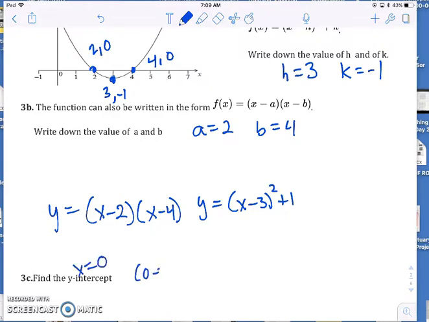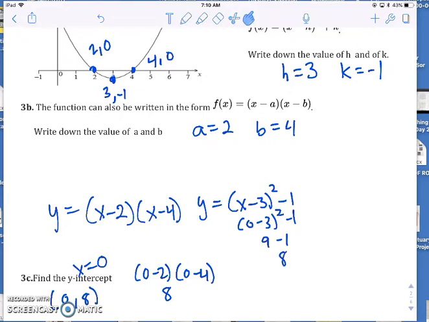So 0 minus 2 times 0 minus 4, negative 2 times negative 4 is 8. So our y-intercept is 0, 8. We should also get the same thing if we plug into this one, whoops, this was minus 1. I'm sorry about that. So 0 minus 3 squared minus 1, 9 minus 1 is also 8.